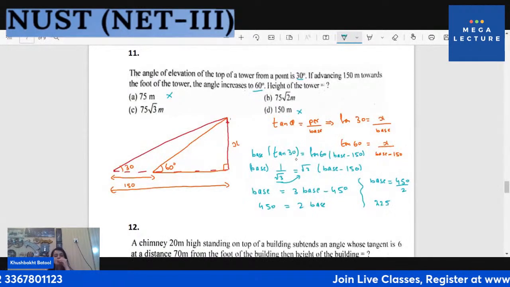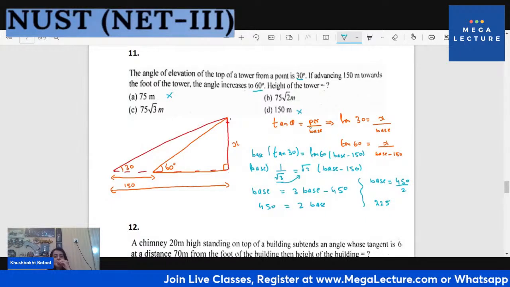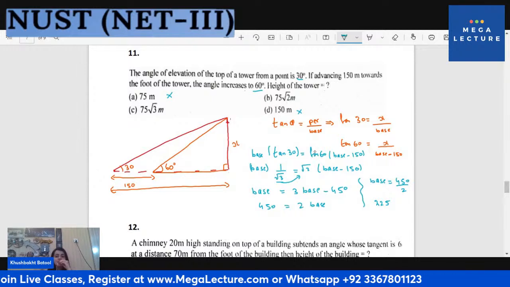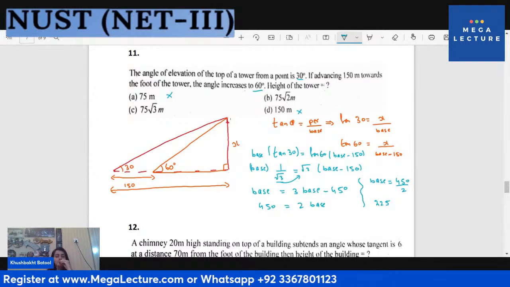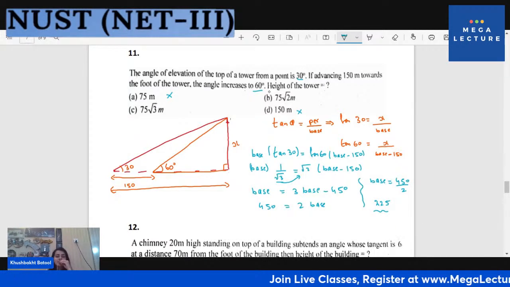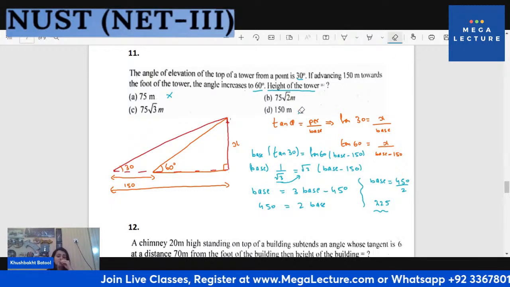So this was the question, and now you need to find the height. This 225 turned out to be the base of the triangle, right?